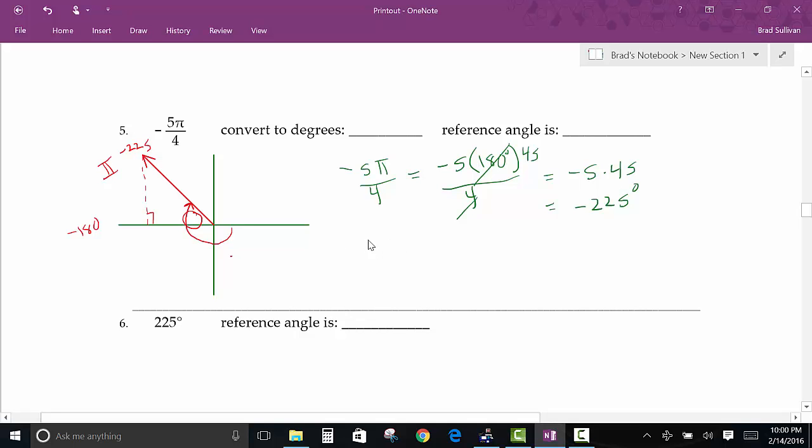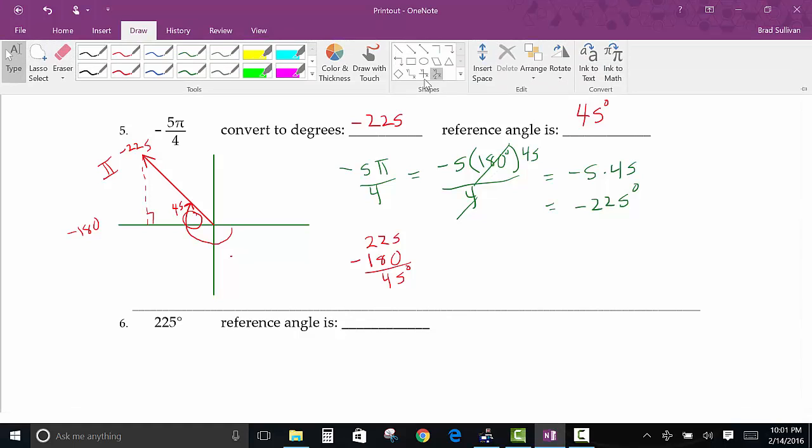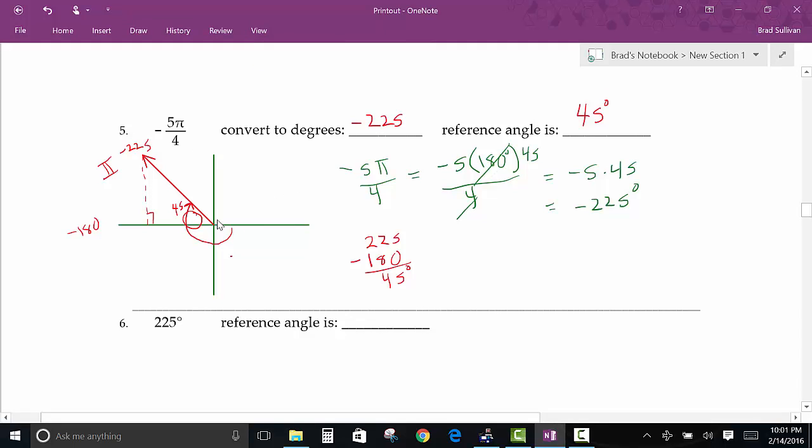You don't have to worry about the fact that they're negative. If you take 225 minus 180, you have a 45-degree reference angle. Reference angles are always positive, so you don't worry about the sign. So you have a 45-degree reference angle right there. Again, what I've been emphasizing is that your reference angle is always between the x-axis and whatever radius you're looking at.